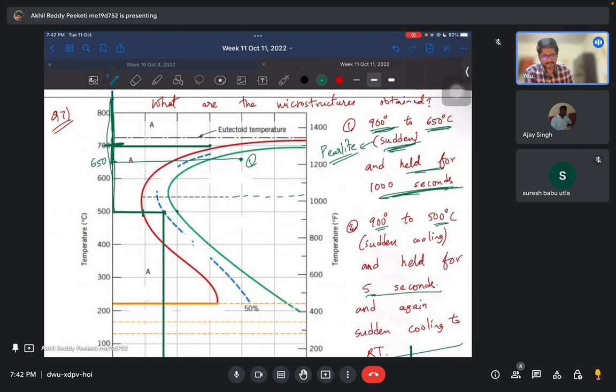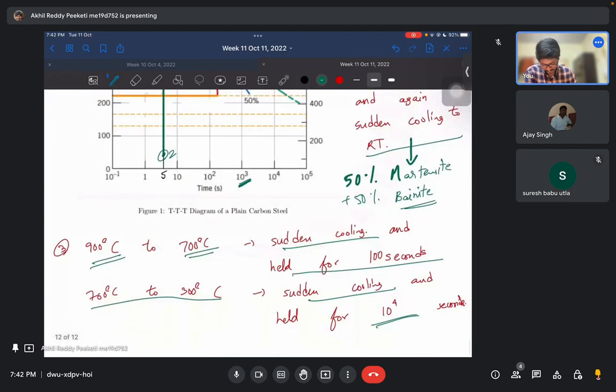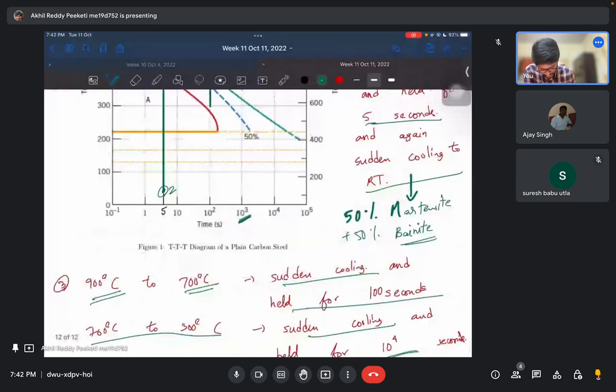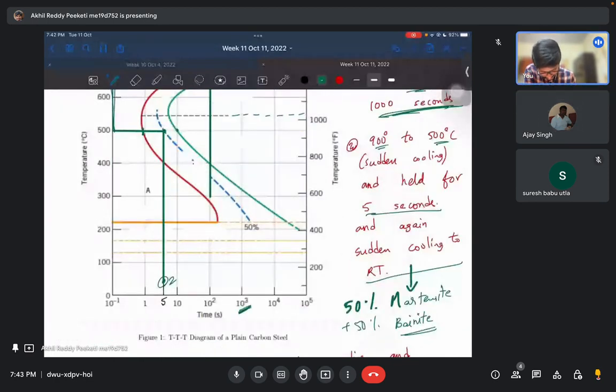Now we still have fully austenite only, right? Because we are still to the left side of the red curve, and we have sudden cooling from 700 to 300, so we are suddenly cooling till here and held for 10 power 4 seconds. So now 100 plus 10 power 4 would be somewhere very close to 10 power 4. So what would be the case now?